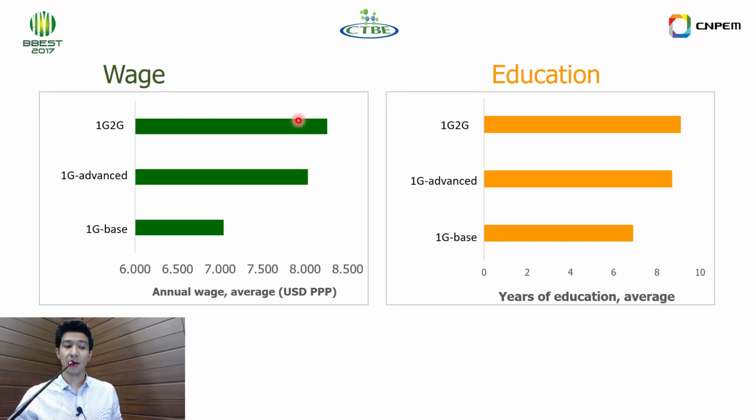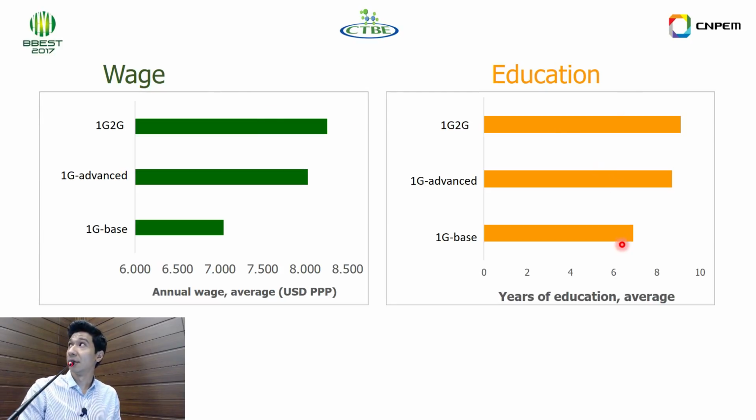And this happens because the profile of workers of the entire supply chain changed. We're not talking about more an agricultural based product, but a product that has a different signature. It depends more on transformation and service industries, and that's why they are better paid. Then we expect better average wages.